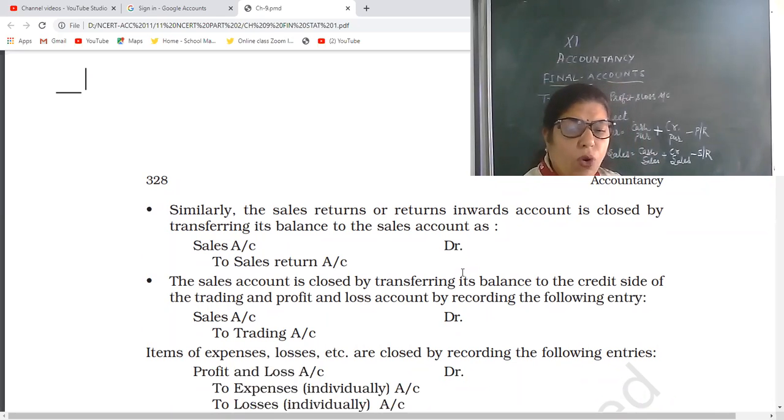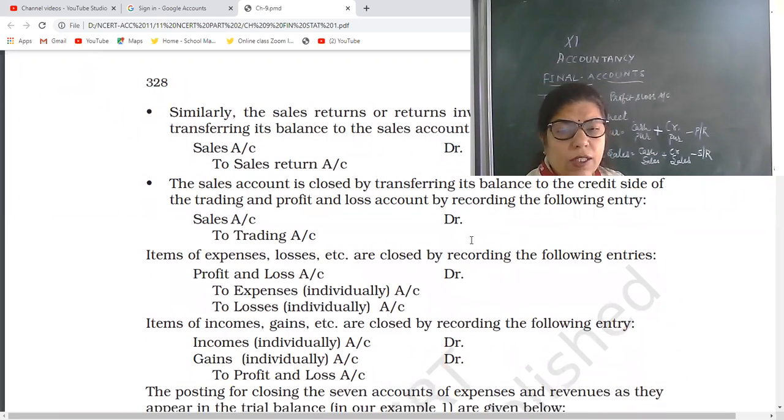Now, all the expenses and losses are closed by recording the following entries. Note down from the screen: profit and loss account debit to expenses individually, to losses individually. Okay, now what I am going to show you. See, if I am going to give you one question in the exam: what will be the closing entry for salaries paid?